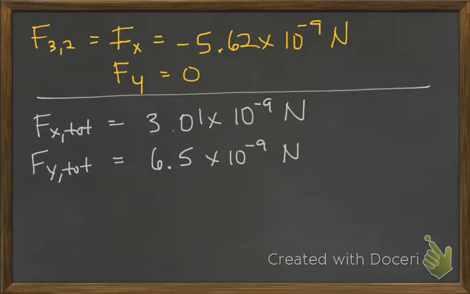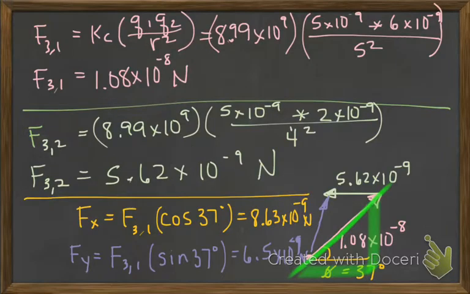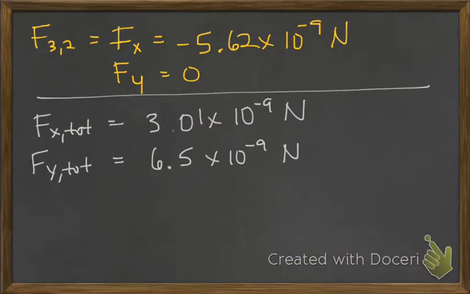Now, if we look at what we've got, as far as our purple vector, we have the x and y components, right? So now we've got to find the hypotenuse. How do you find the hypotenuse? Pythagorean theorem.